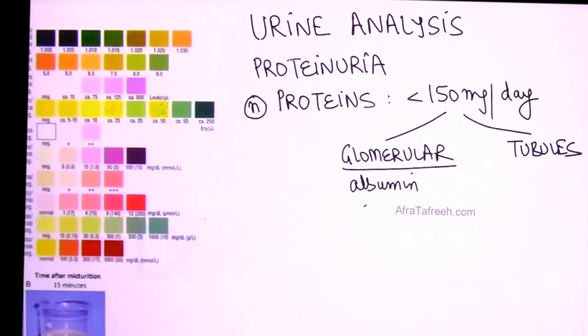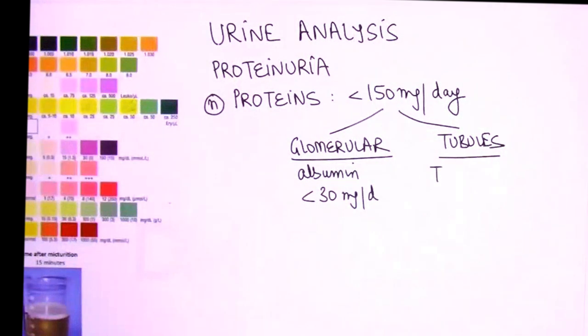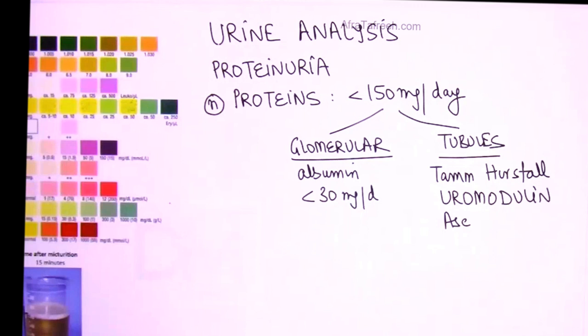The concentration of albumin will be less than 30 milligram in a 24-hour period, and the remaining protein will be coming from the tubules, that is going to be called Tamm-Horsfall protein. You would be aware from basic sciences that Tamm-Horsfall protein, also called uromodulin, is produced by the cells of the ascending limb of loop of Henle, and this will be constituting the remaining 120 milligrams. So that would be working out to a total of 150, and obviously more than that would be called proteinuria.